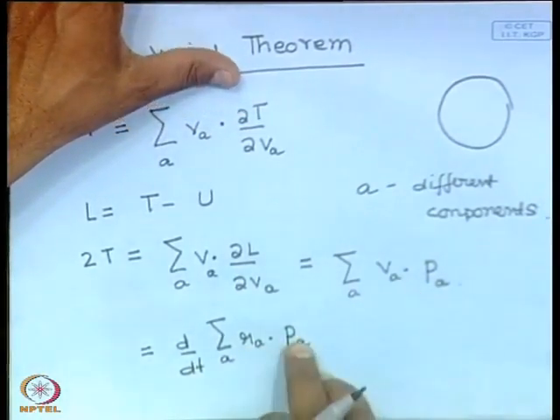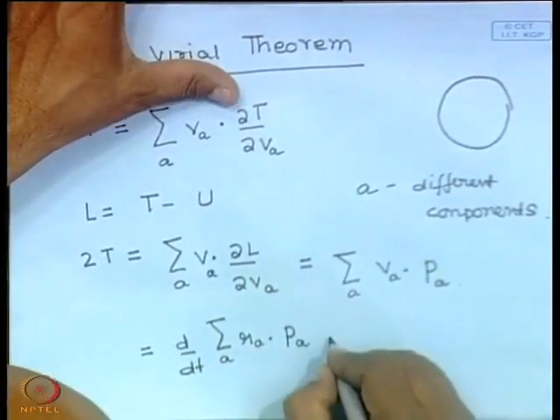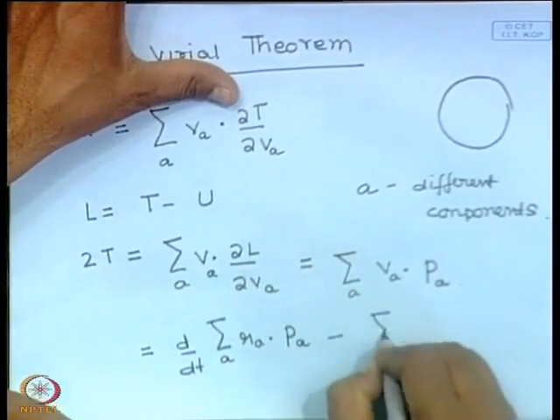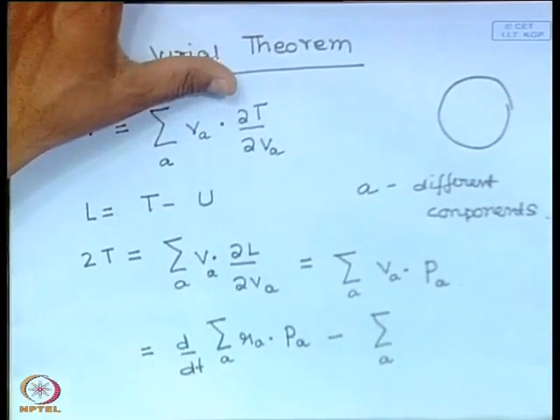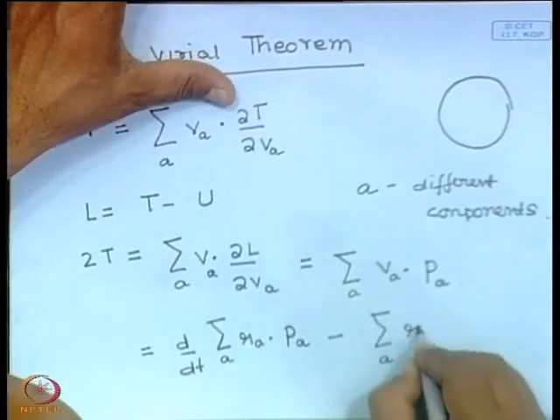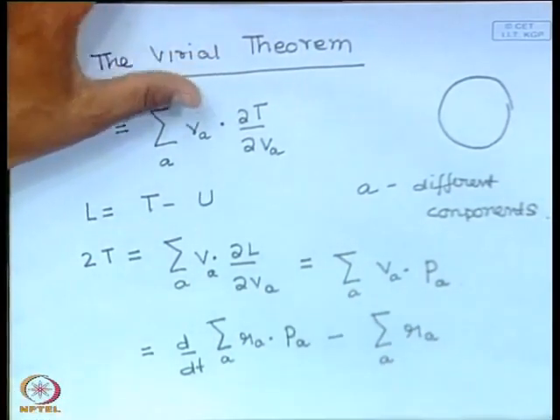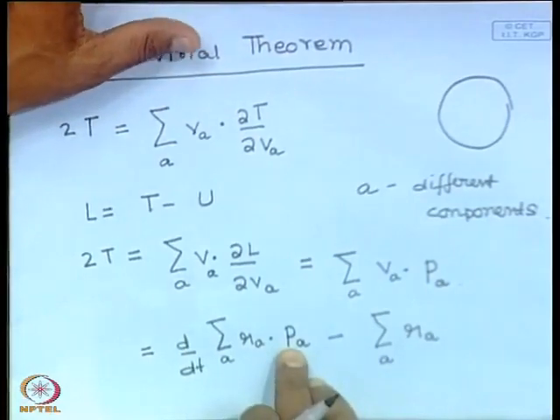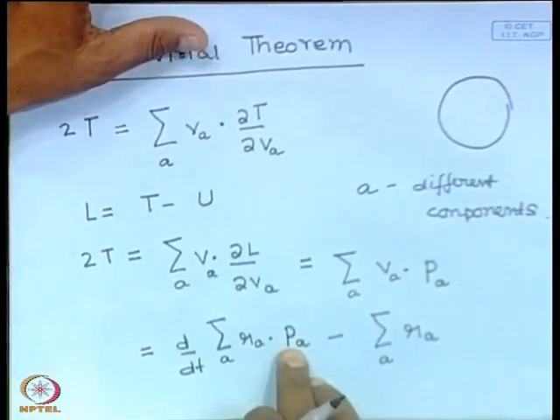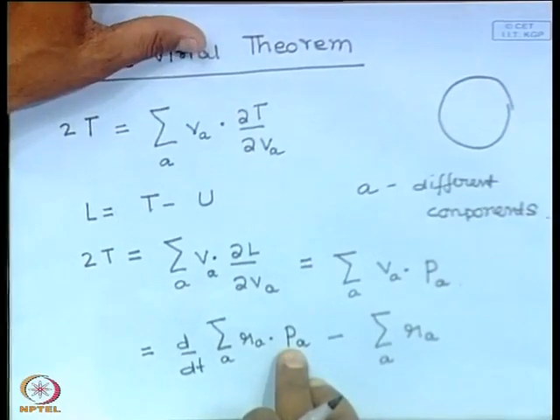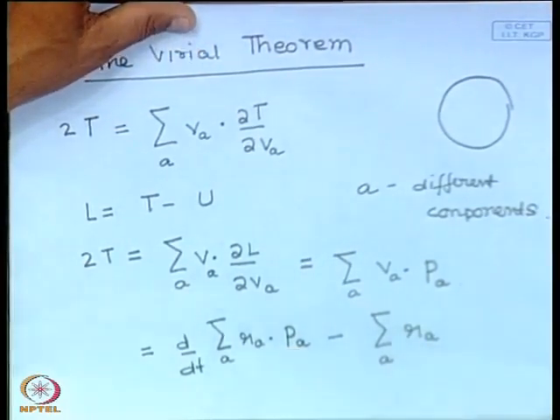If I differentiate p, I will get an extra term which I have to subtract out. So I have to subtract out a term which is the sum over A of r_A dot p_A dot, and the time derivative of the momentum we know is the force, and the force can be written as minus the gradient of a potential.